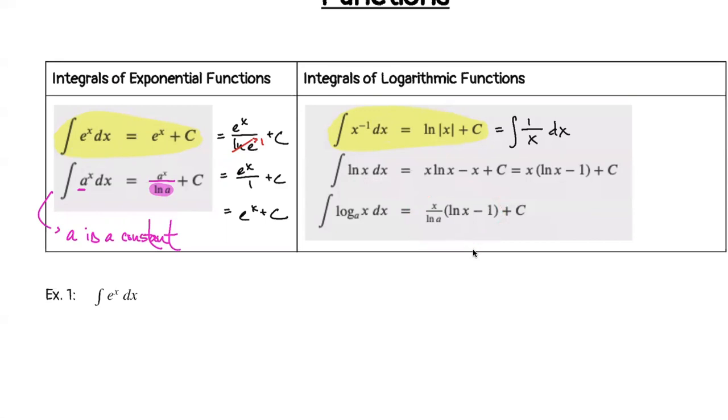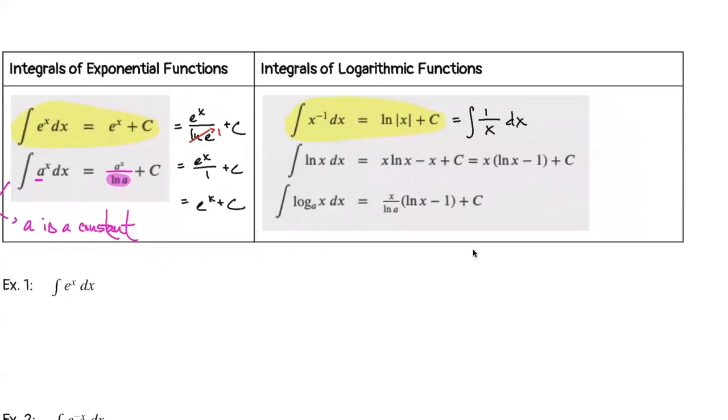Now, the yellow one, the integral of x to the minus 1, you definitely should know that one. But these other two right here, you do not see very frequently. I wouldn't memorize those.